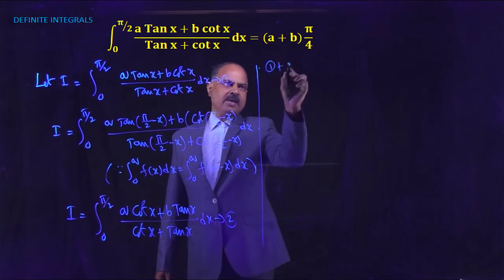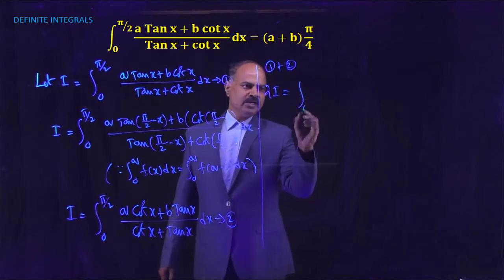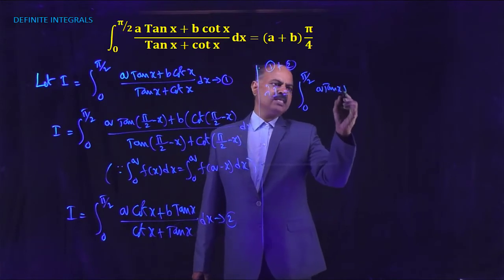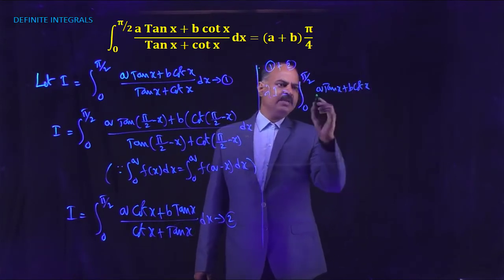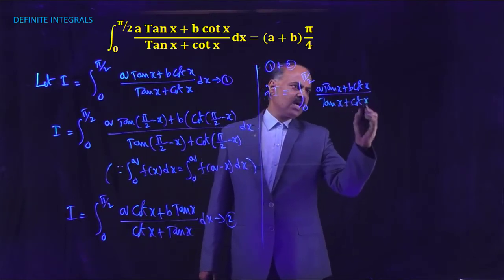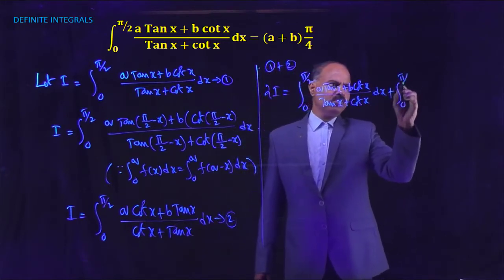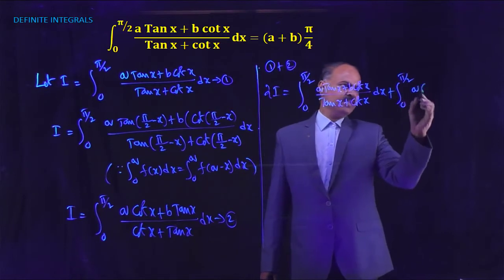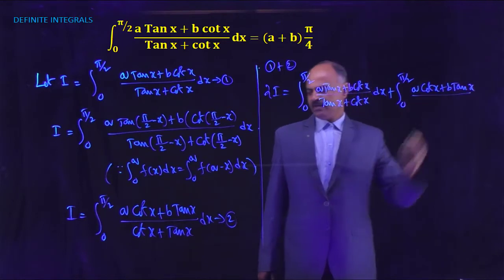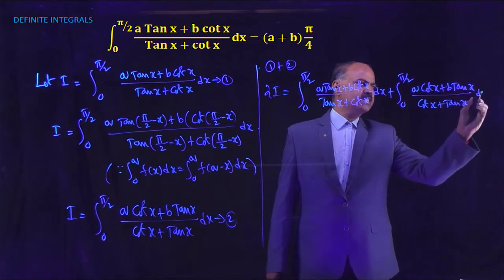Now 1 plus 2 gives 2I equal to integral 0 to pi by 2 of (a tan x plus b cot x) by (tan x plus cot x) dx plus integral 0 to pi by 2 of (a cot x plus b tan x) divided by (cot x plus tan x) dx.